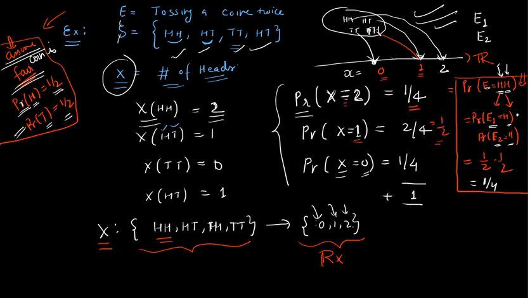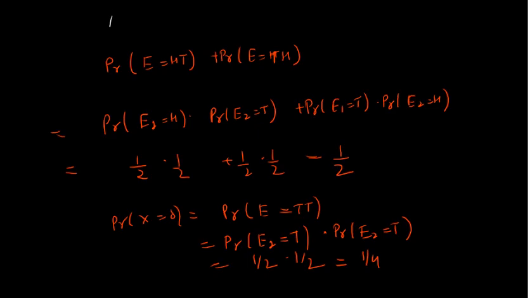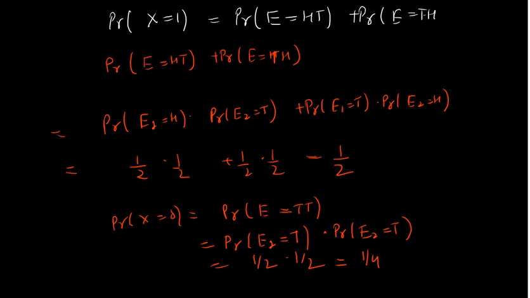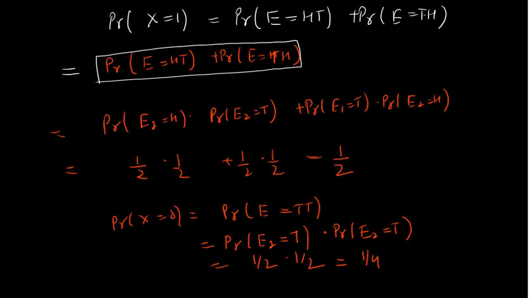Similarly, we can evaluate the probability that the random variable takes the value 1. The probability that random variable x will take the value 1 is nothing but the probability that either head-tail occurs or tail-head occurs. This you know from your probability course also.